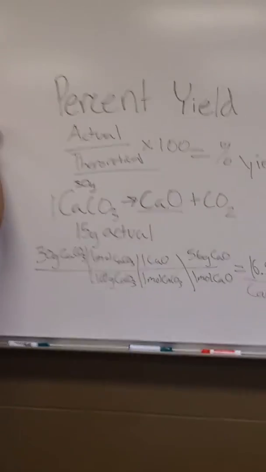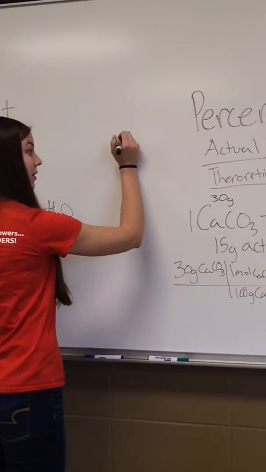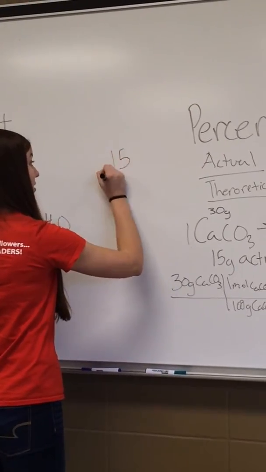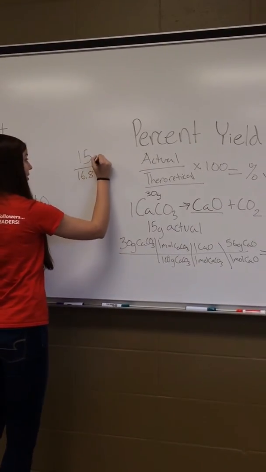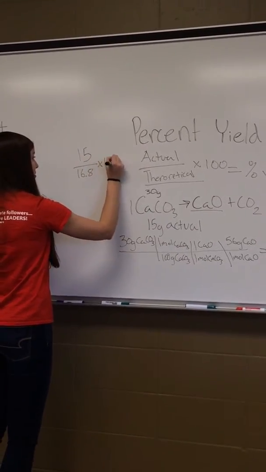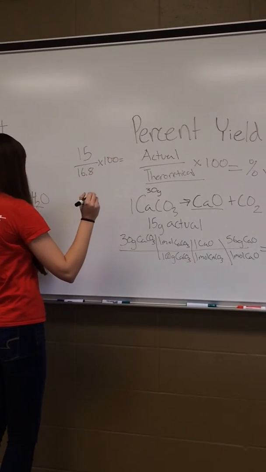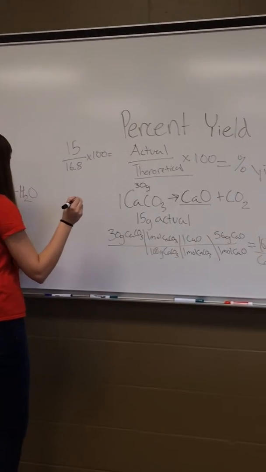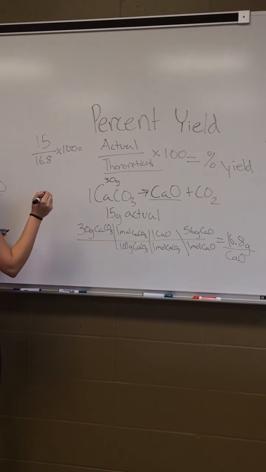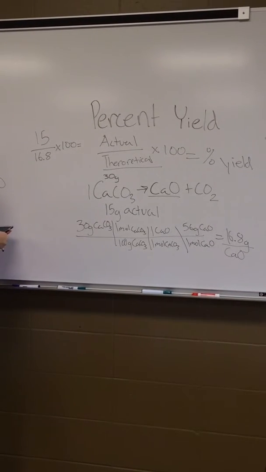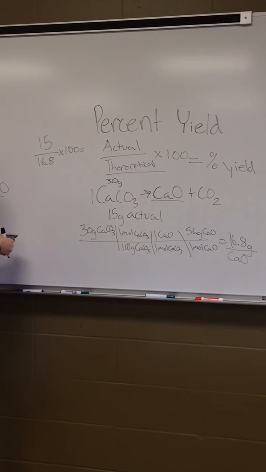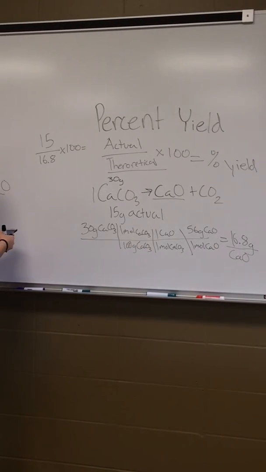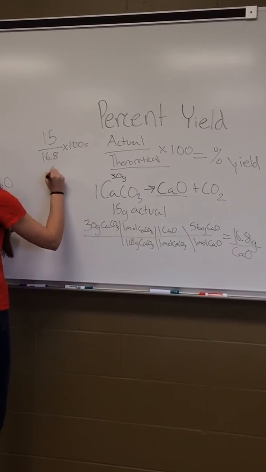So then all you have to do is take 15 divided by 16.8 times 100 will then equal 89.